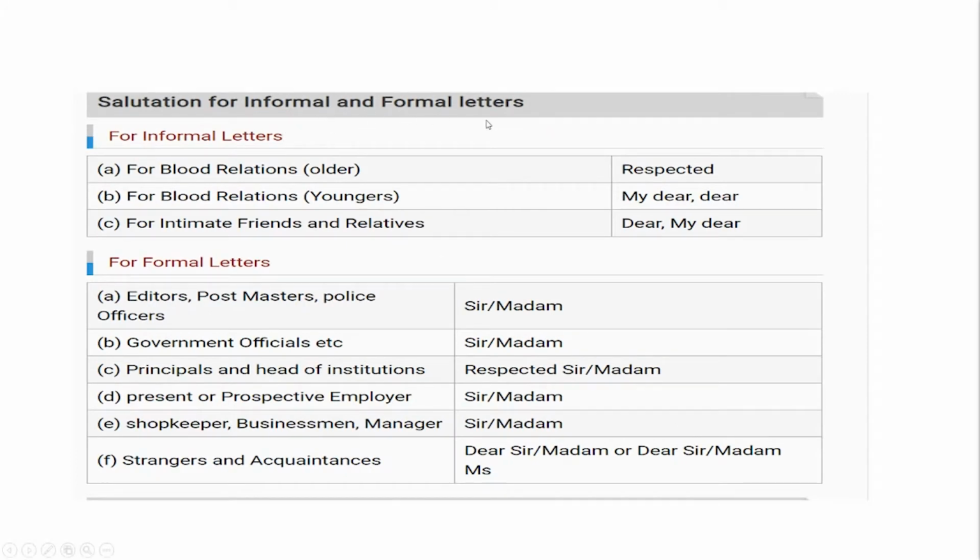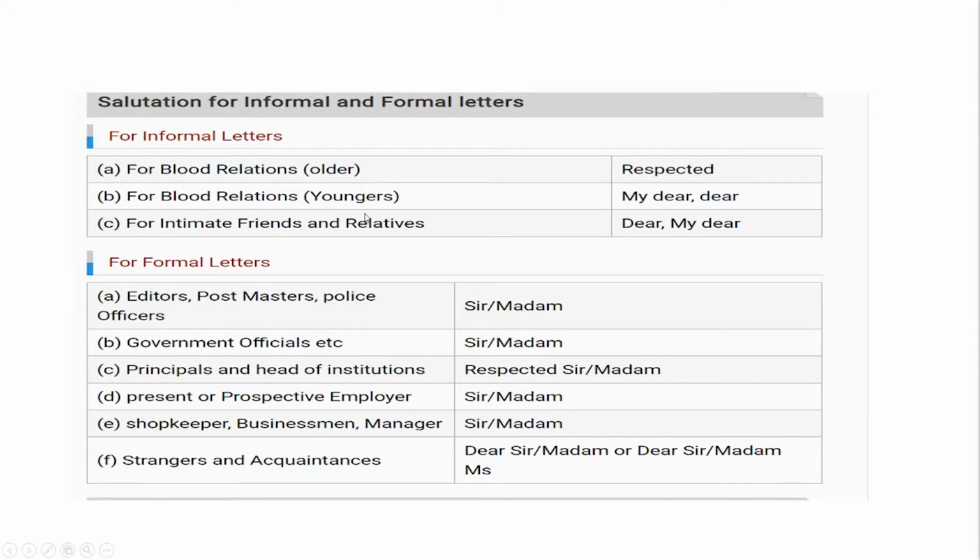And then the salutation for informal and formal letters. You have to give importance to writing the salutation, because it is very important to address someone. If the person to whom you are going to write a letter is blood related and older than you, then you have to write respected, like respected Rahim, respected Korim, or only respected uncle or something.